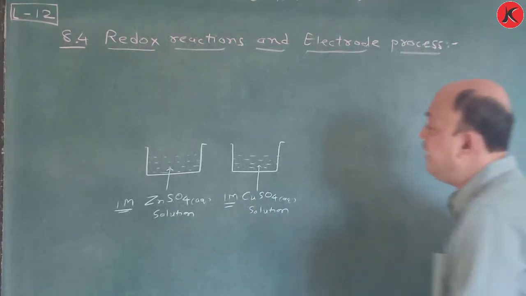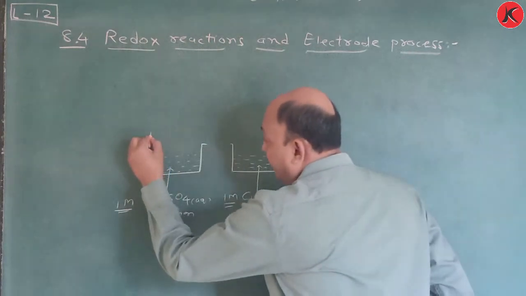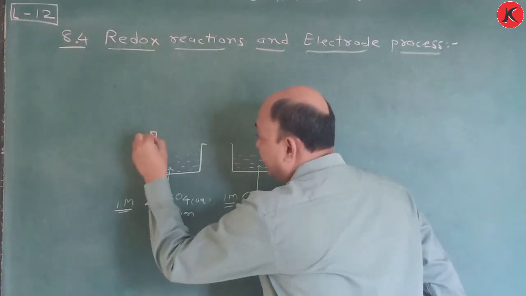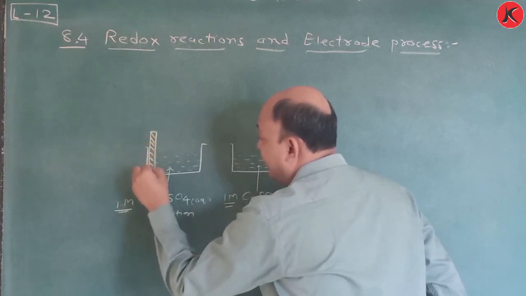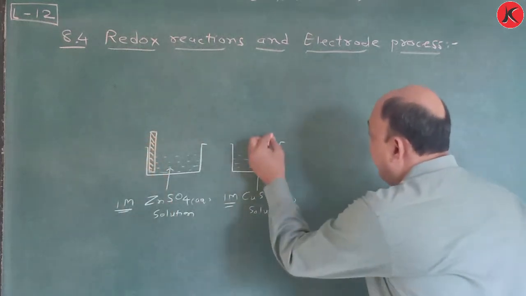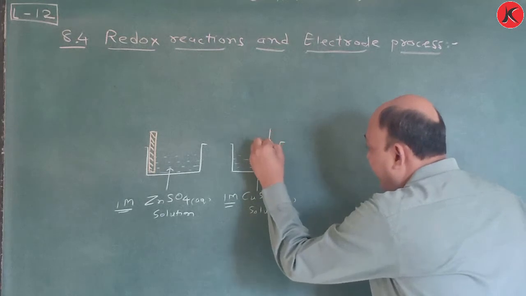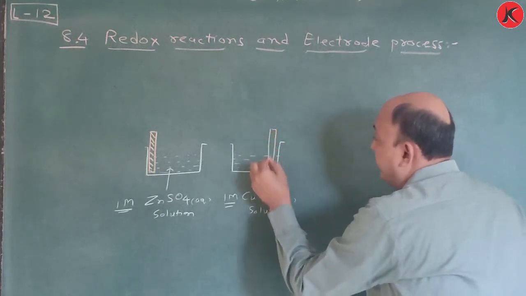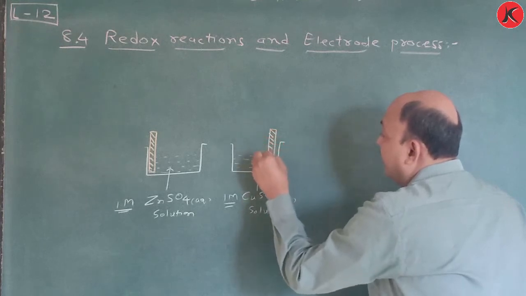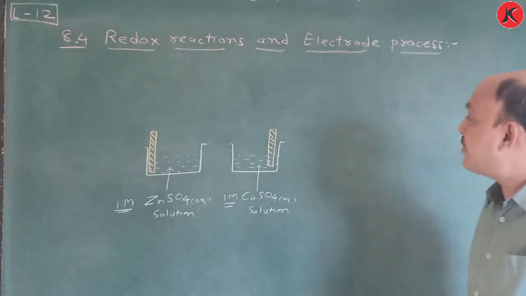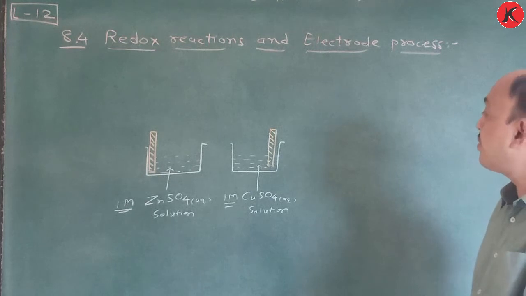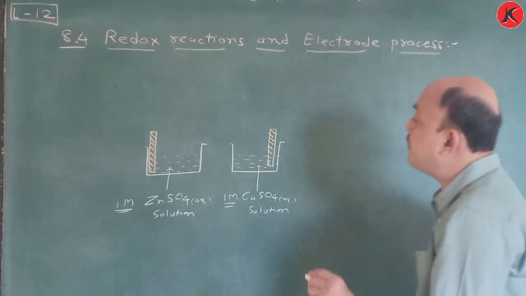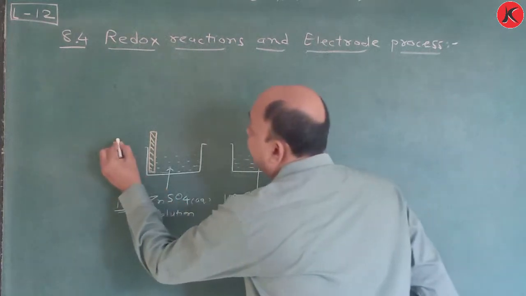Now, in ZnSO4 solution, you have to take a Zn strip. This is considered as Zn strip. And now, in copper sulfate solution, you have to take a copper strip. Remember, this experiment you have to learn in standard 12 also. So this is a very, very important experiment. Just to understand from this point of view, it is very easy for you.